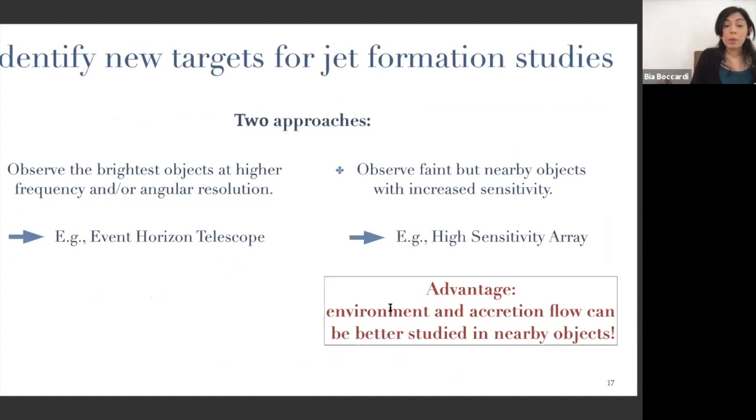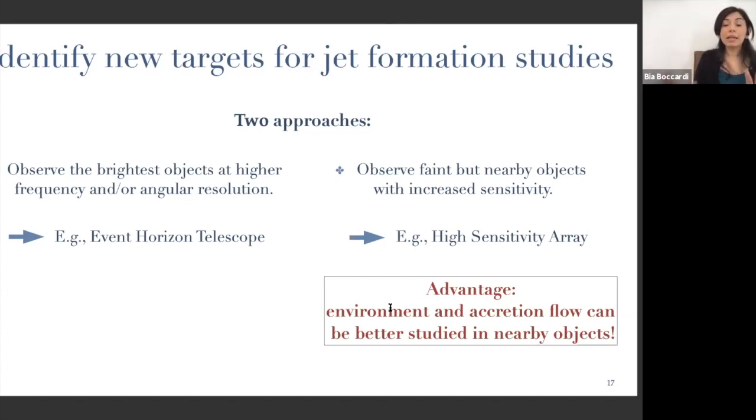So we need to expand the sample of sources in which we can test these models. How do we do that? We can either observe the very bright objects at higher frequency and/or angular resolution. For instance, we can do that with the Event Horizon Telescope, but there are not really many objects which are bright enough for that.